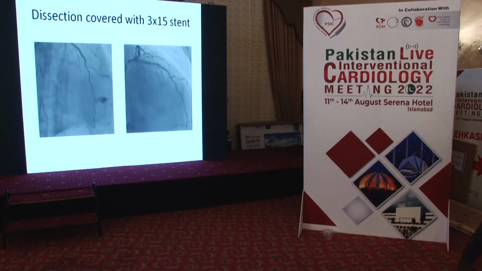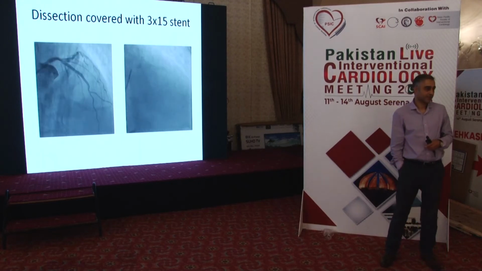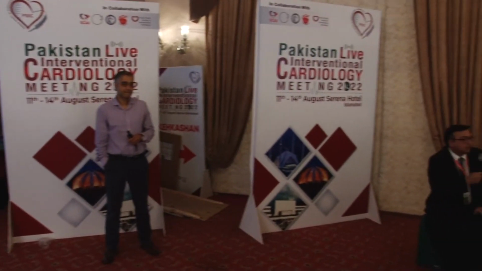Just a question to the audience. If you didn't have IVUS in your lab, what would you have done? So you have a patient comes back with stent thrombosis, same day, next day, whatever. You don't have IVUS in your lab, what would you do? You rewire, you restore flow, and what would you do?